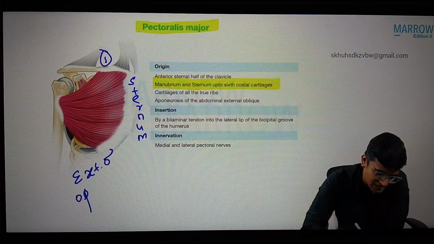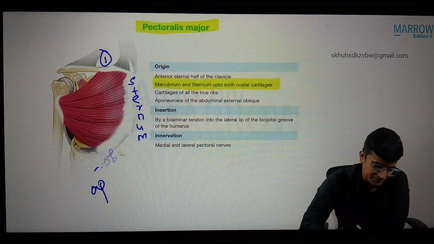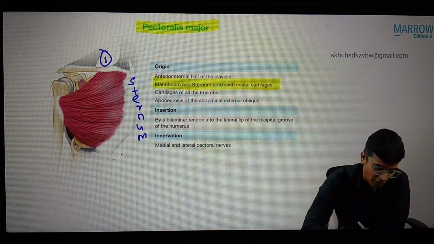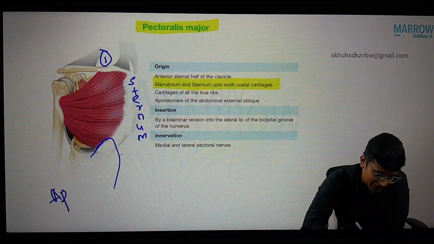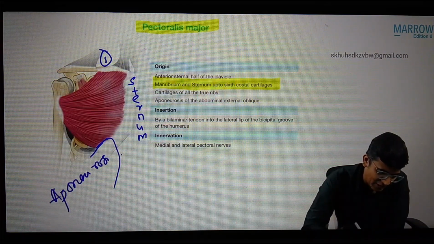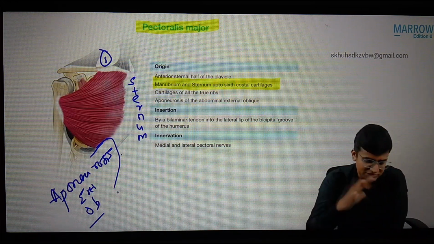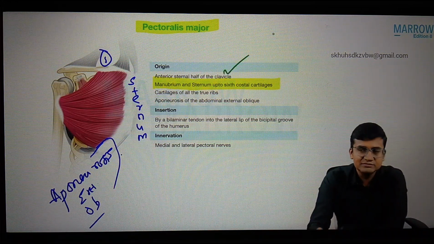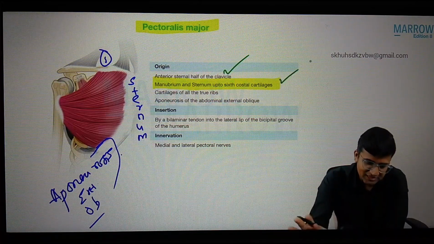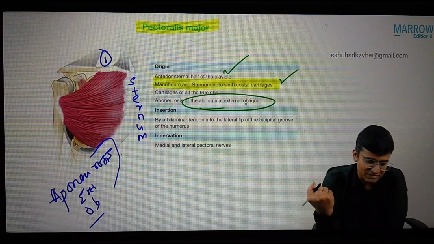Just remember these 3 points, that is more than enough for the origin: clavicle, sternum up to the 6th costal cartilage, and also the aponeurosis of external oblique muscle.